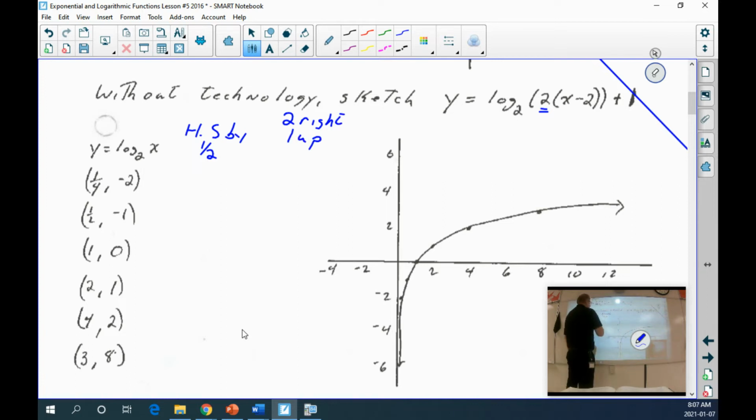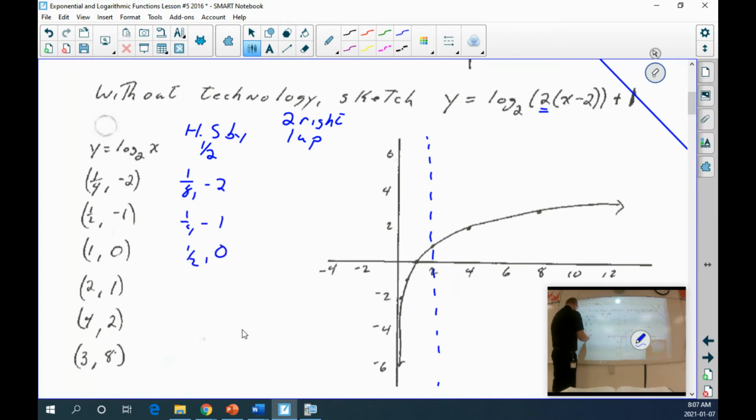And then I have 2 right, 1 up. With the 2 right, I now know that I'm going to have a vertical asymptote at x is equal to 2, because I've also moved the vertical asymptote to the right 2 points. Everything else we can work with also. So vertical stretch by 1/2, I end up with 1/8, negative 2, 1/4, negative 1, 1/2, 0, 1, 2, and 3/2, 8.